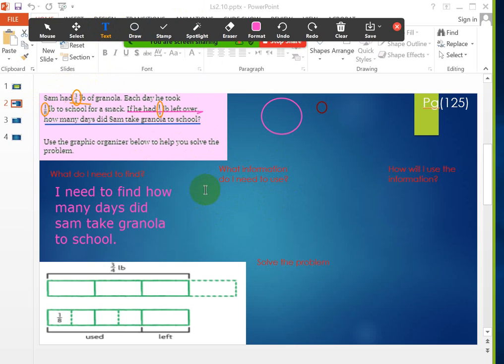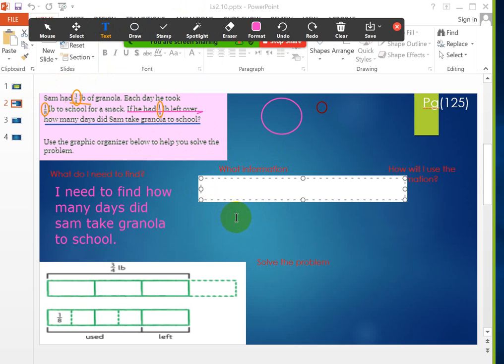So you have to read the numbers and write them here in the information. First thing, Sam started or had 3/4, but it's written started in your book. Started with 3/4.